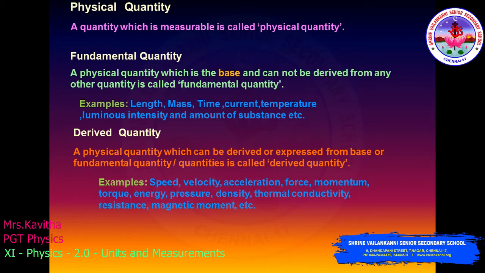So all physical quantities other than the 7 base quantities, we can call as derived. For example, speed, velocity, acceleration, force, momentum, torque, energy, pressure, whatever are given. So these are all the derived quantities.